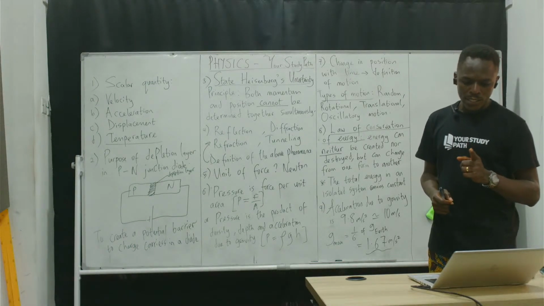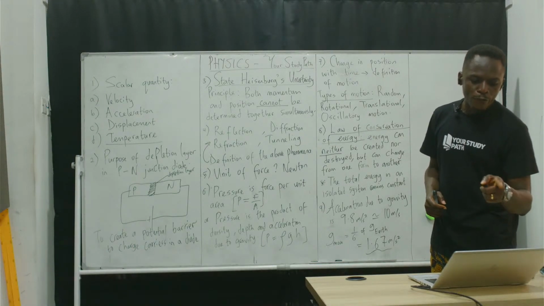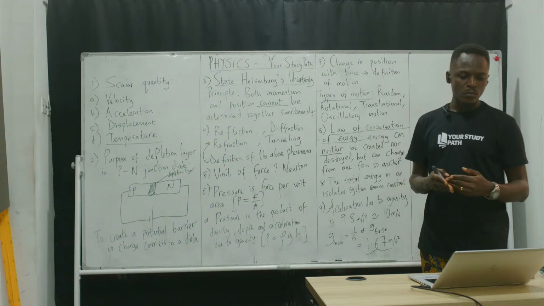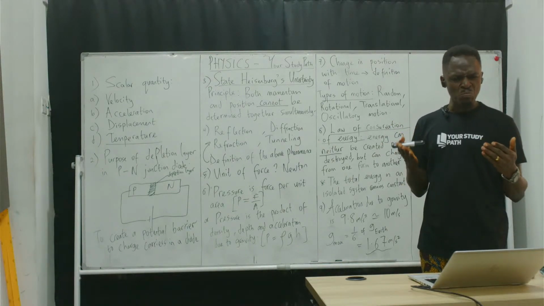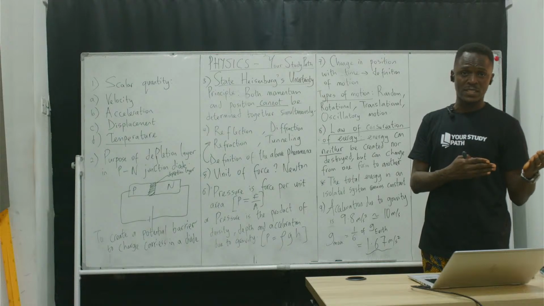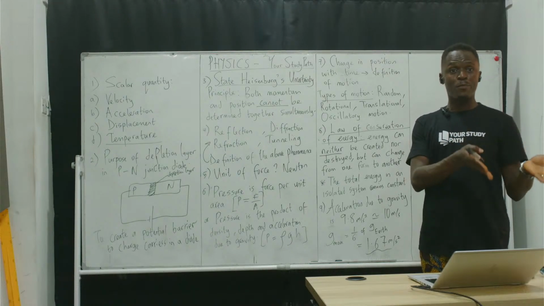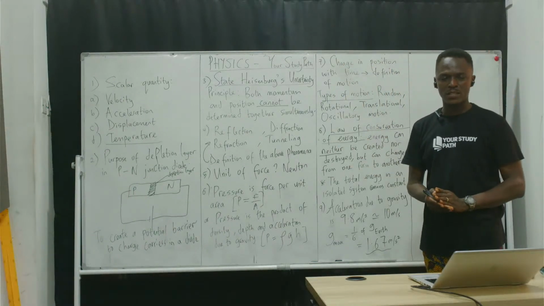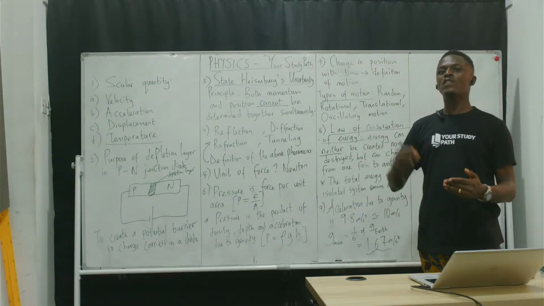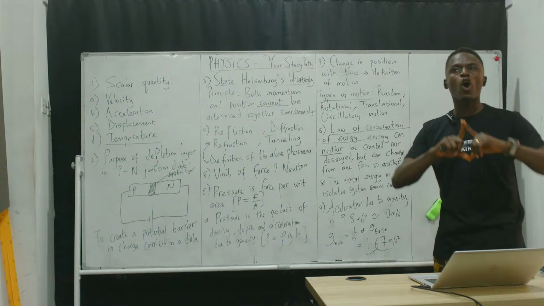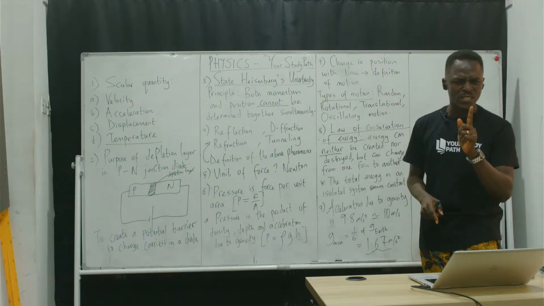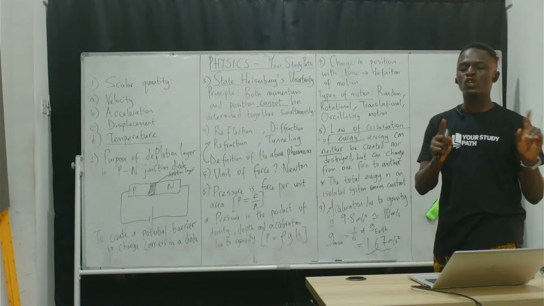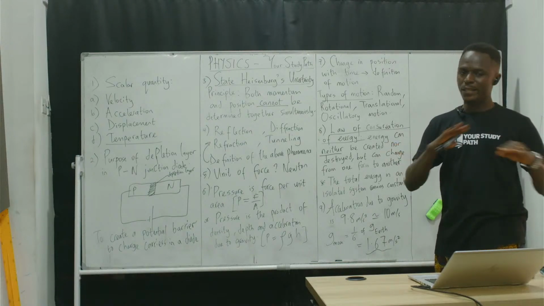B is saying this: wave requires a medium to travel. That is making sense to some extent, because it's subject to the type of wave. C is saying that all waves are transverse. Certainly not. We have different types of waves, and we cannot say all waves are transverse. That is an incorrect statement.